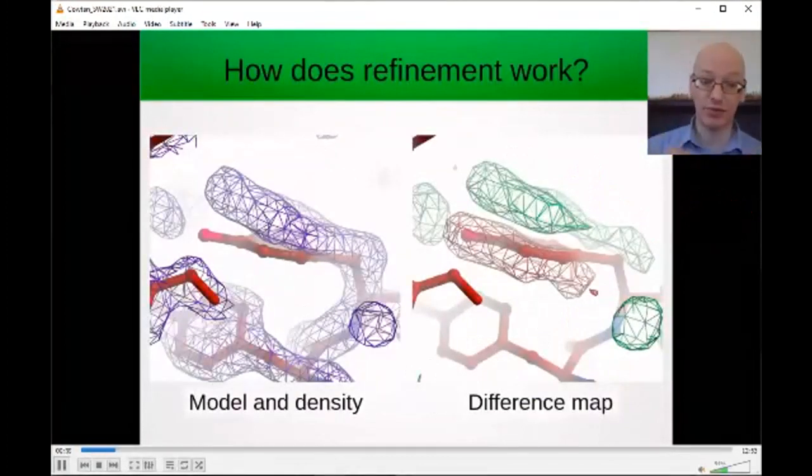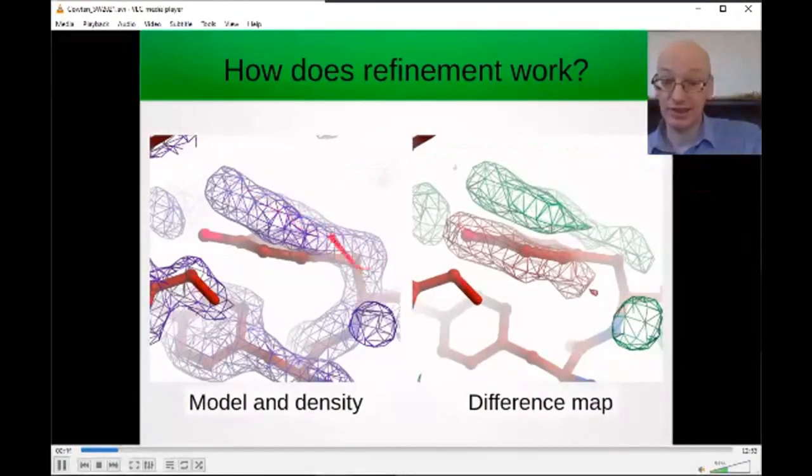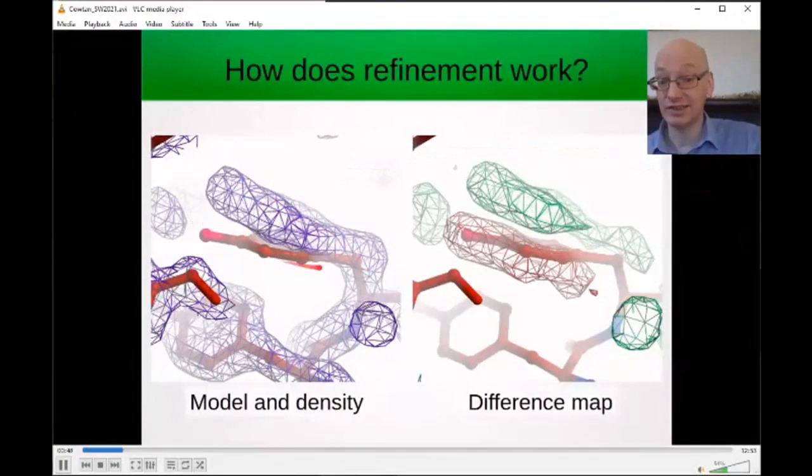So, how does refinement work? Well, we're familiar with looking at electron density maps calculated with our best phases, and we can see in some places where the model does not fit the electron density map.